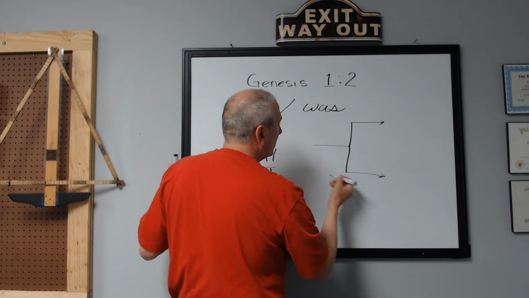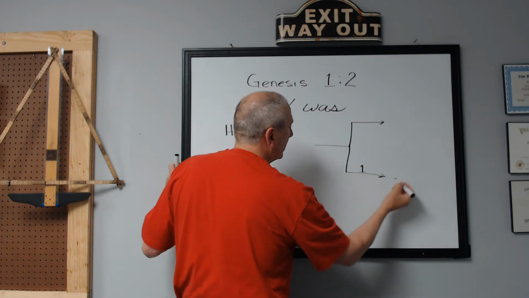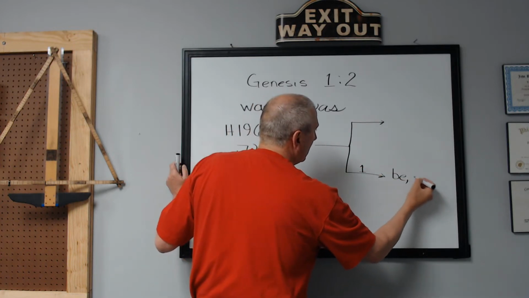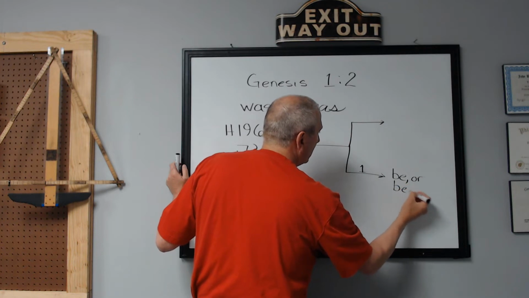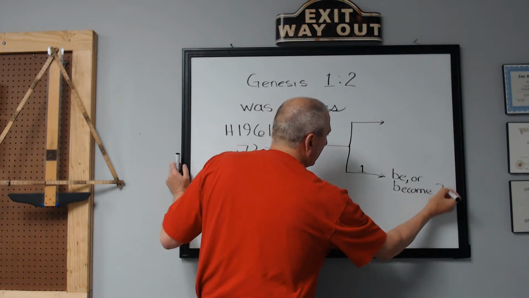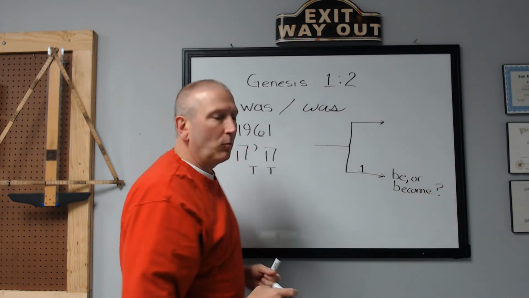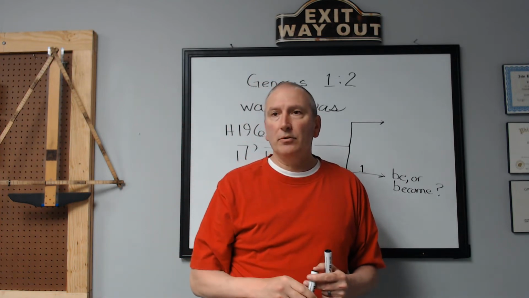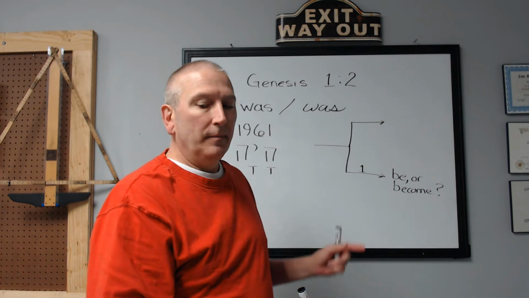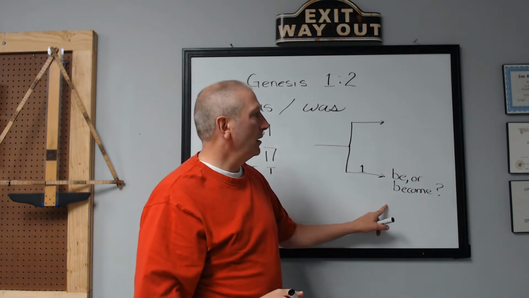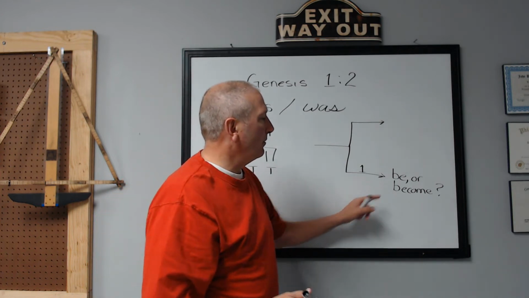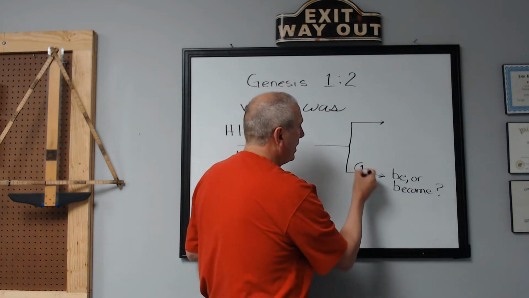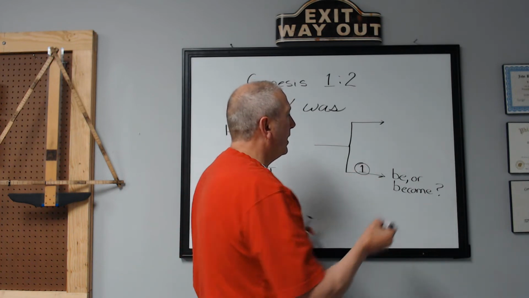Some say one of the choices, choice one here, is be or become. And you can read about that even in Waltke and O'Connor's Introduction to Biblical Hebrew Syntax, but that's not the case for us. Before we assume that's the first choice, we know that that's probably not.